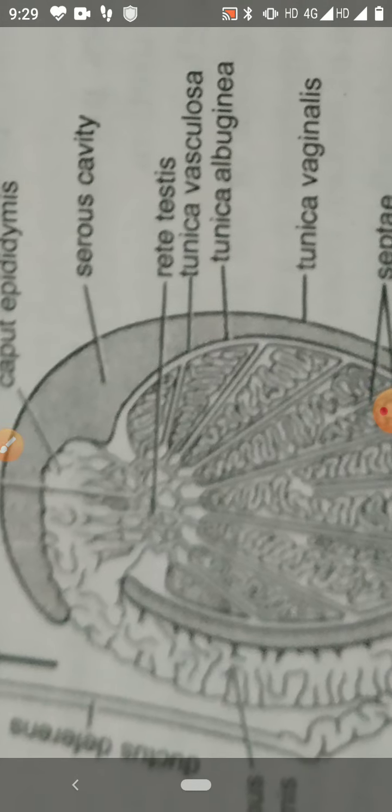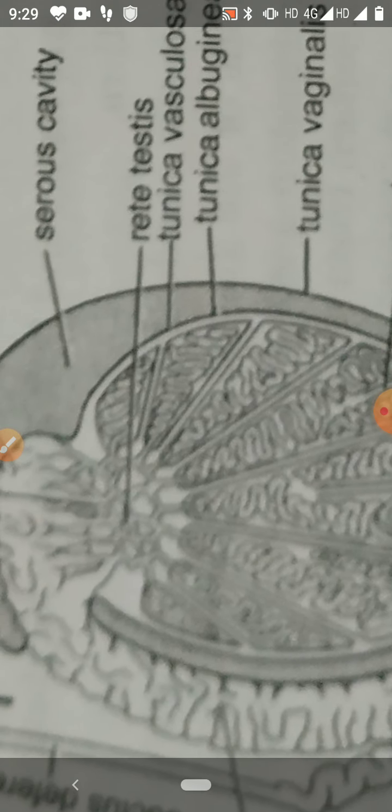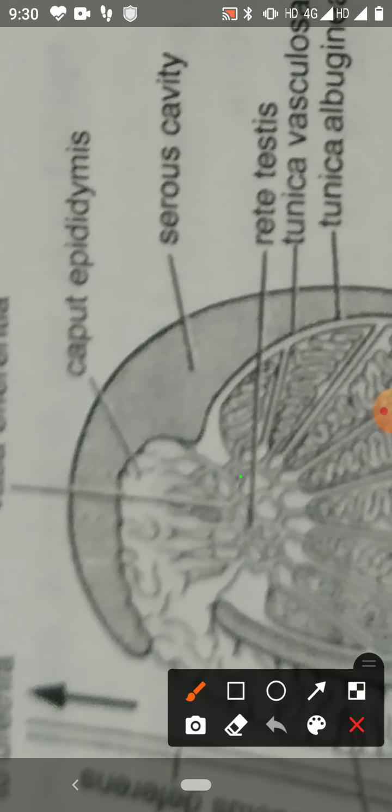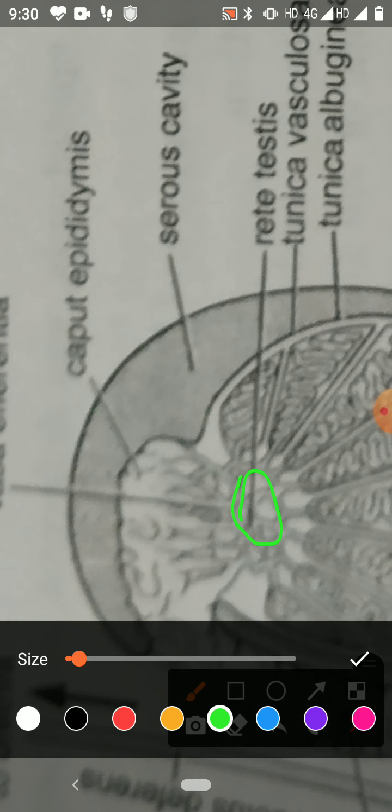See here, this structure is the vasa recti, and this is the vasa efferentia, and these structures are seminiferous tubules.